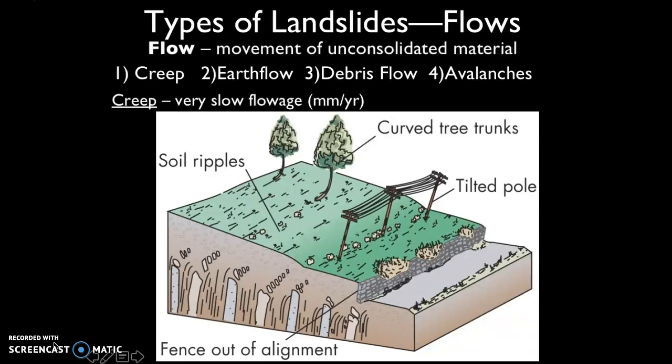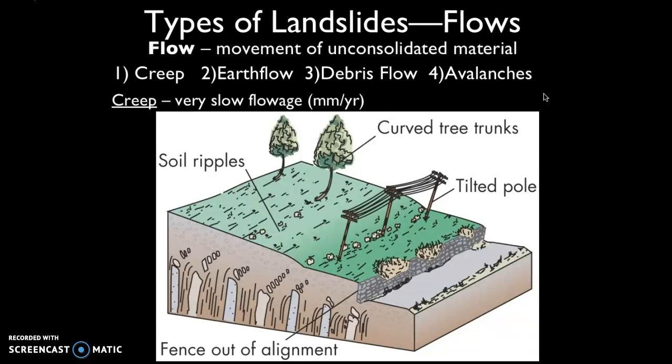So it tends to be a lot more erratic and more dangerous in a way than the slides or the slumps. And there are different types of flows. You can have a flow as creep, earth flow, debris flow, or avalanches. So we're going to describe those four in the next few slides.